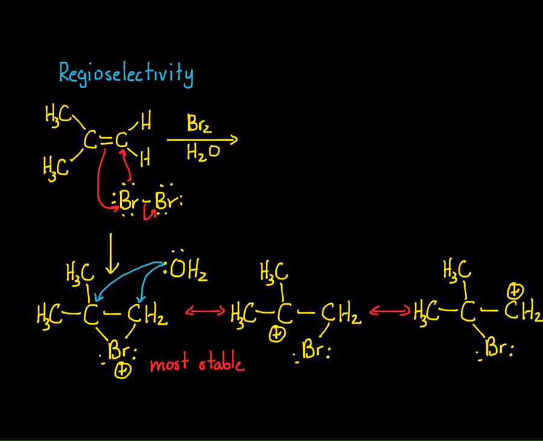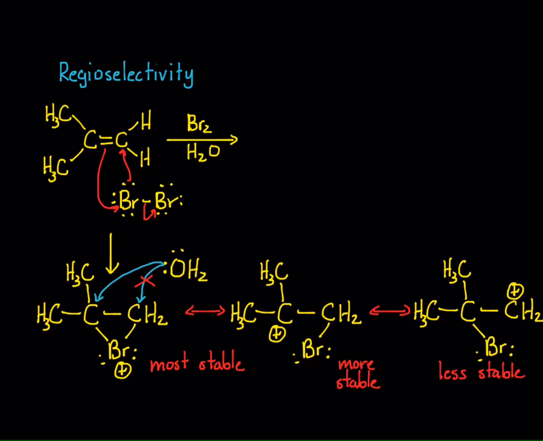It's the most stable, but that tertiary carbocation nature is certainly going to be more stable than a primary carbocation-type nature. And therefore, when water goes in to attack, it's going to attack the carbon on the left and not the carbon on the right.